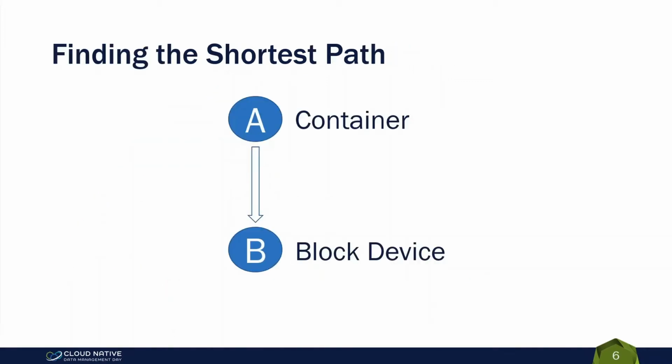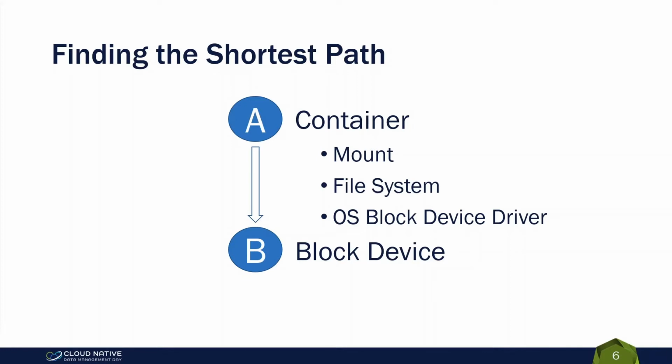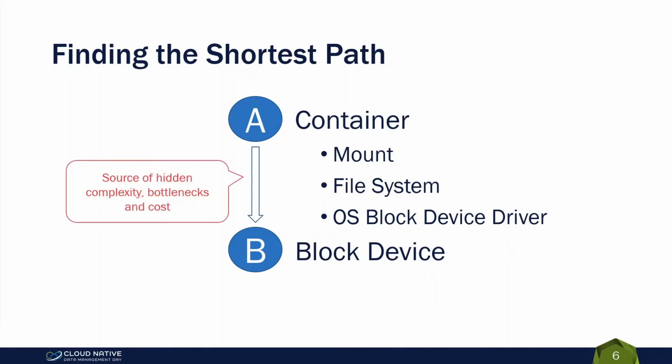The shortest path between the container and the physical storage device can be shown as just a few layers through the kernel. In practice, many storage layers come in and inject multiple levels of complexity and bottlenecks.